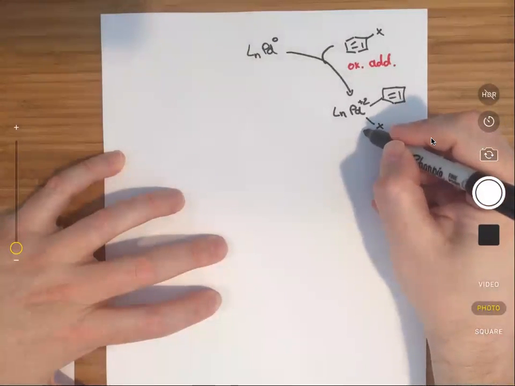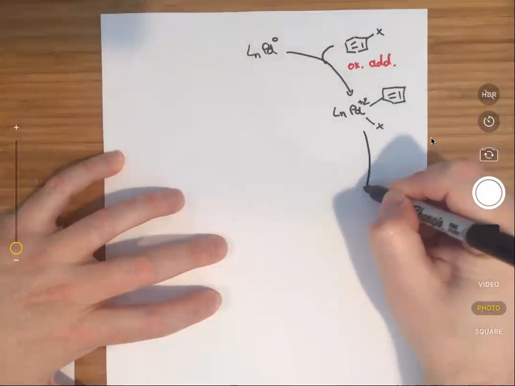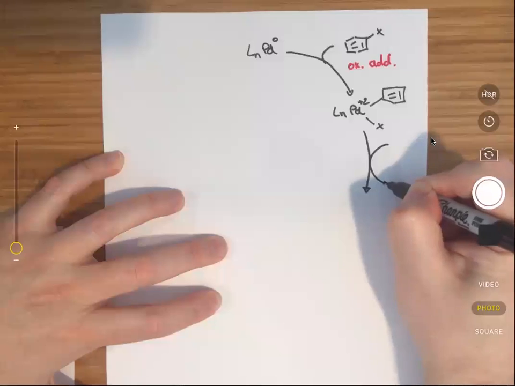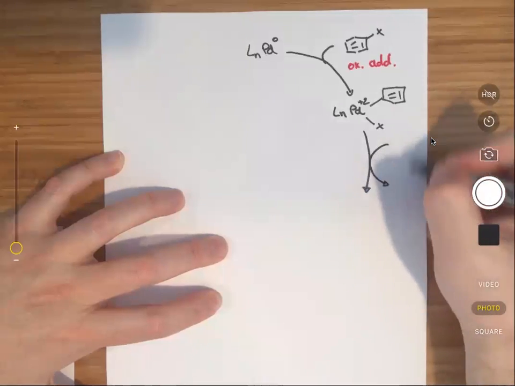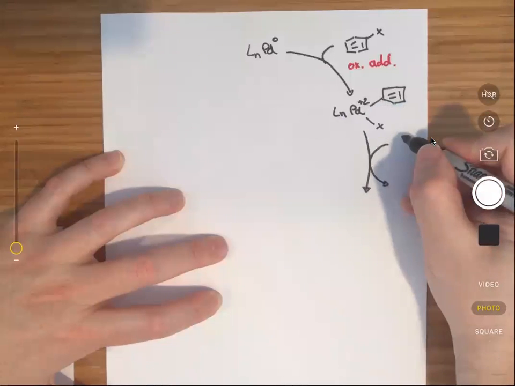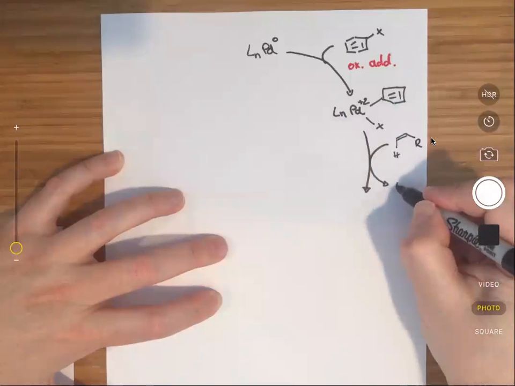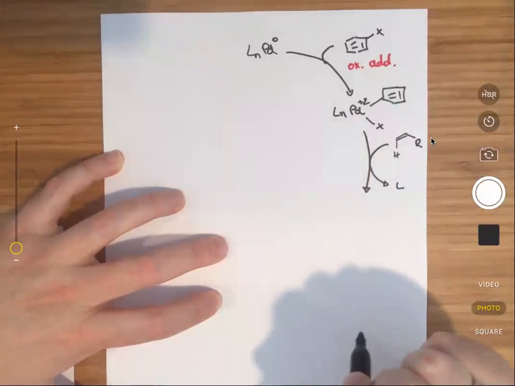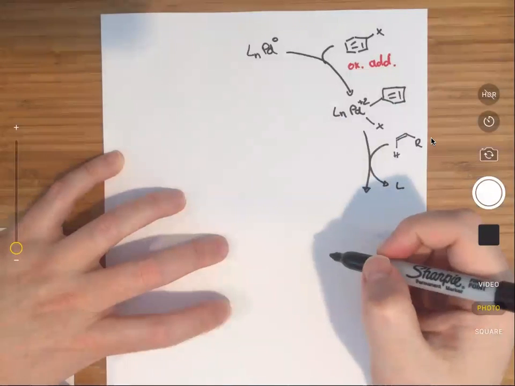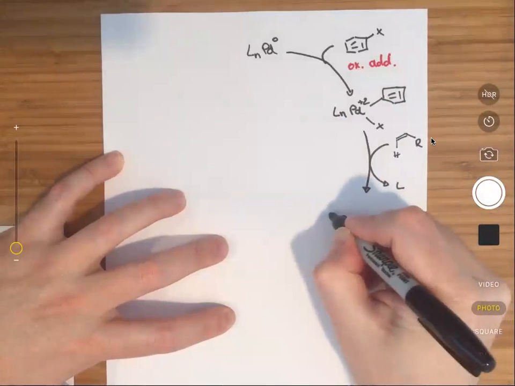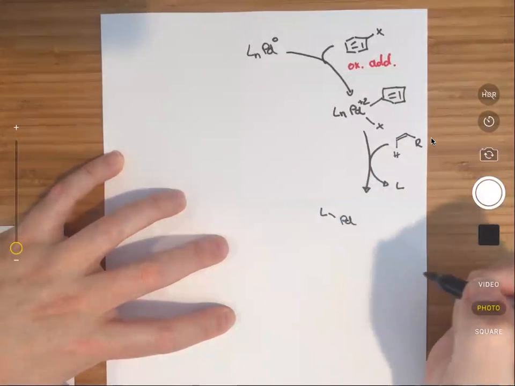So let's see if we can draw this down here. So we replace one of the ligands Ln here by this olefin. So let's say HR, and we kick out one of these ligands L. And the species that you get out from that looks a little bit like this. You have palladium, then you have one ligand L here.